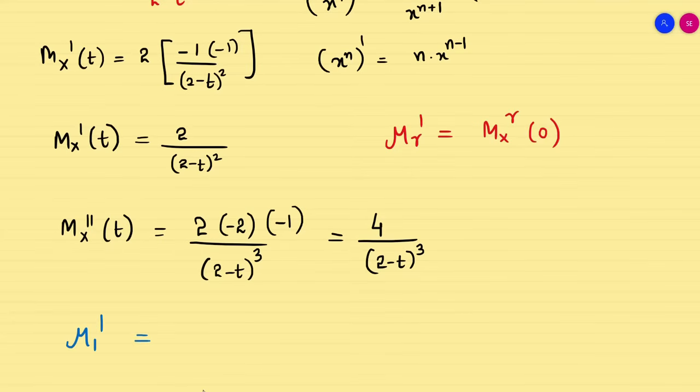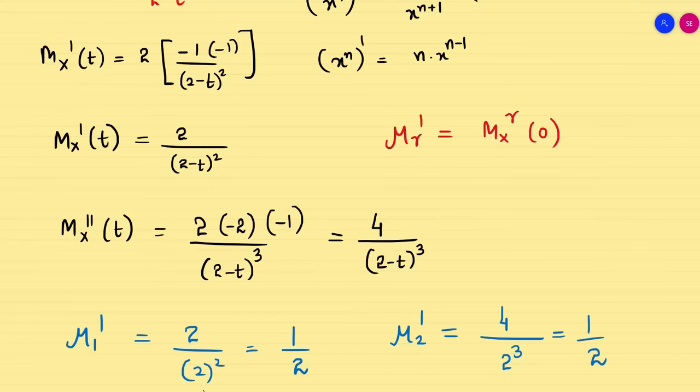When I put t equal to 0, it will become 2 by 2 square, which is 1 by 2. My mu2 dash, when I put t equal to 0, is 4 by 2 cube, so 4 gets cancelled, and you'll have again 1 by 2. So my mu1 dash is 1 by 2, and my mu2 dash is also 1 by 2.